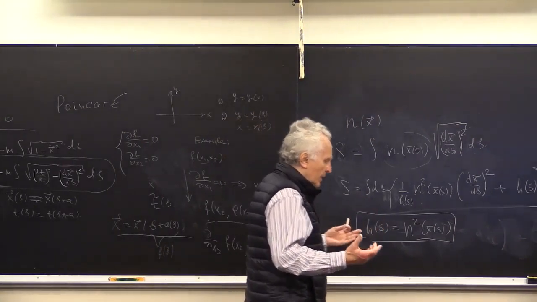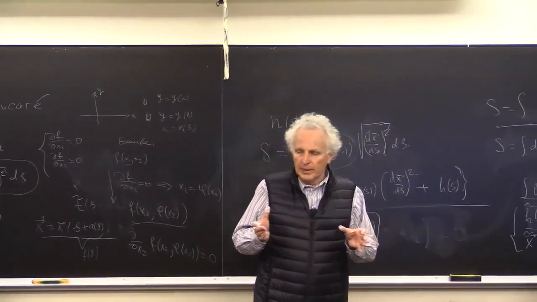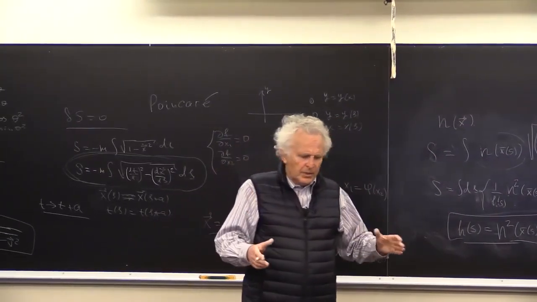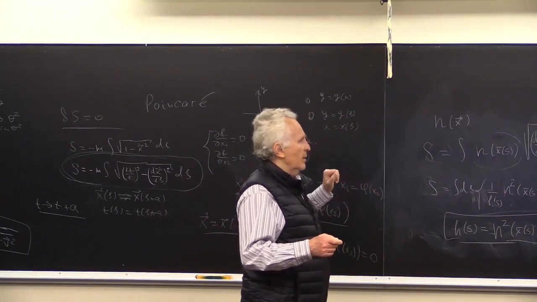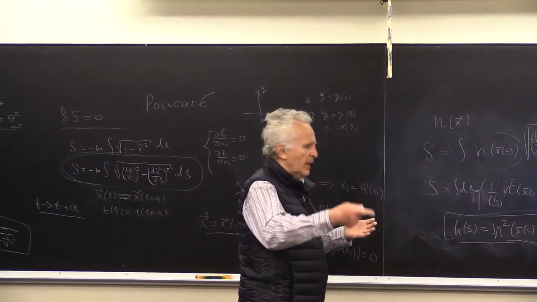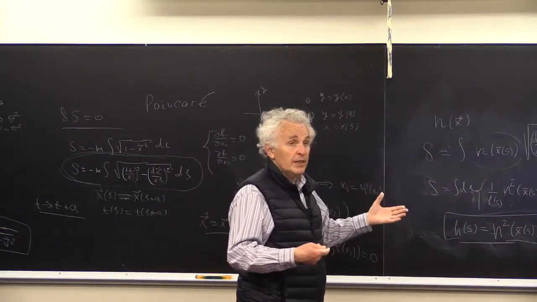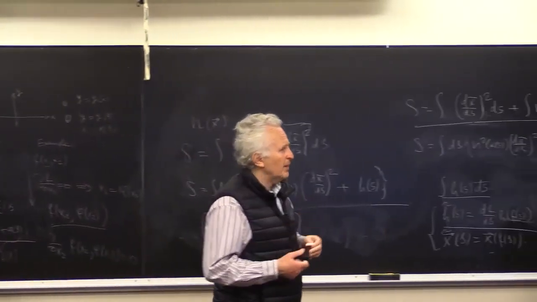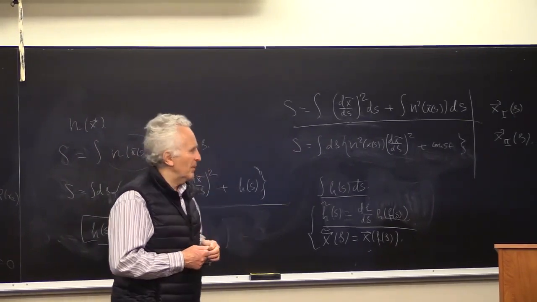To make it concrete, you have to answer the following question. You have to say, okay, there is an analogy between optics and mechanics, but if I'm given a potential, what kind of refraction index does it correspond to?